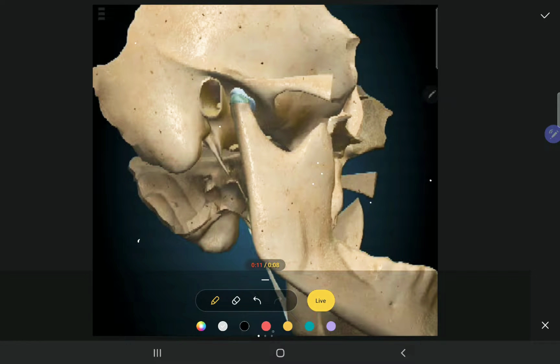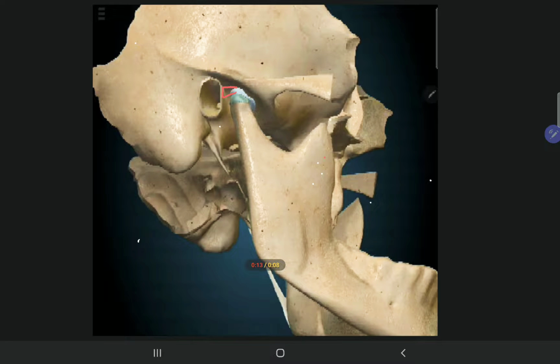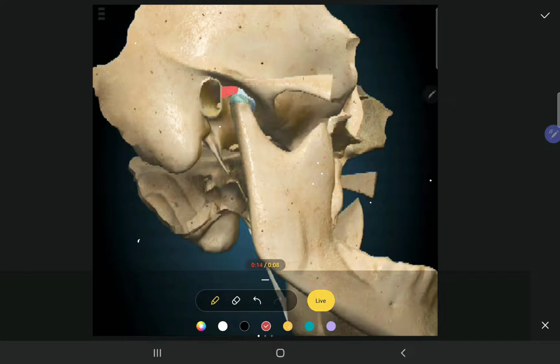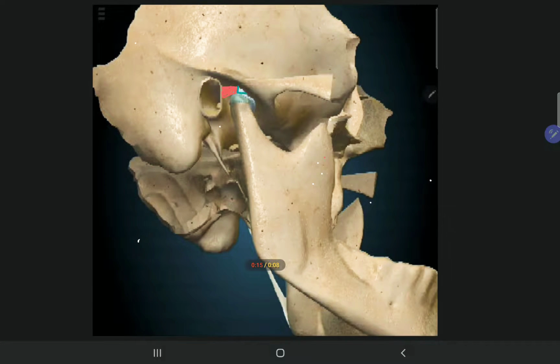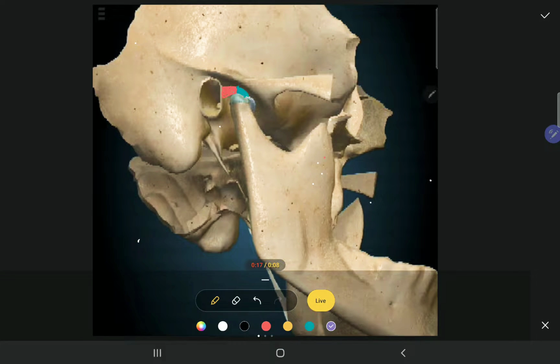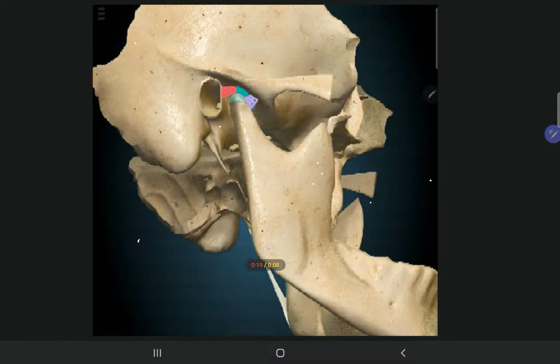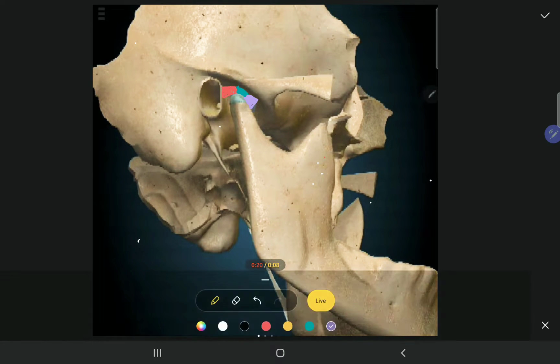Let us just draw all three zones. Say suppose this is the posterior band, then we have the intermediate band, and then we have the anterior band. So, intermediate is the thinnest, right. So, say suppose this situation is at the normal mouth opening.